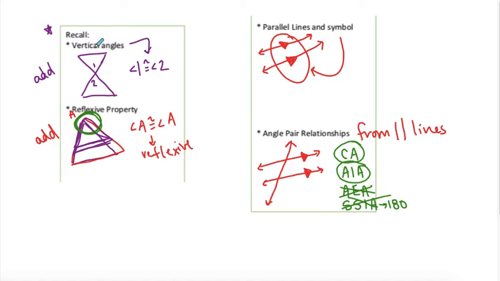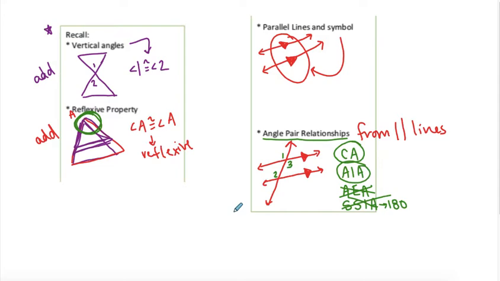So vertical angles, congruent relationship. Reflexive, congruent relationship. If I have parallel lines, it's getting me an angle pair relationship. Typically corresponding, where they might be in the same position, or alternate interior, where maybe I have some sort of twist going on inside my triangles that might be getting me congruent angles that way.